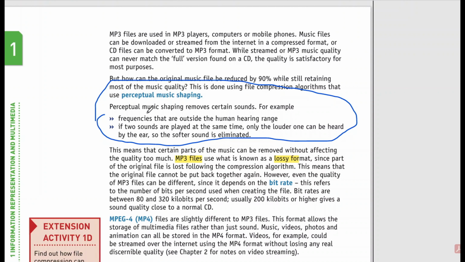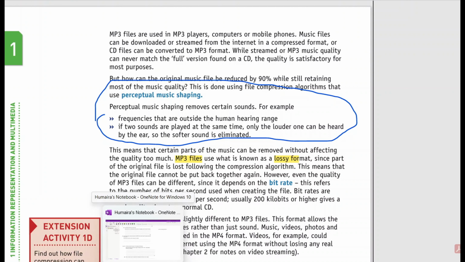And if two sounds are played at the same time, only the louder one can be heard by the ear, so the softer sound is eliminated. So this is the answer you are going to write: first you use lossy compression, then you use perceptual music shaping to reduce the noise, ignore the frequencies outside the human ear's range, eliminate the softer sound, and only include the louder sound.